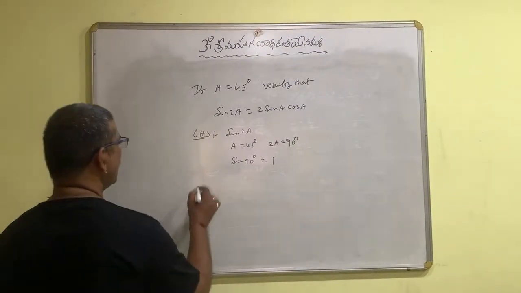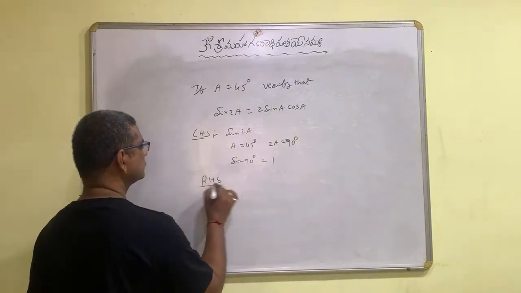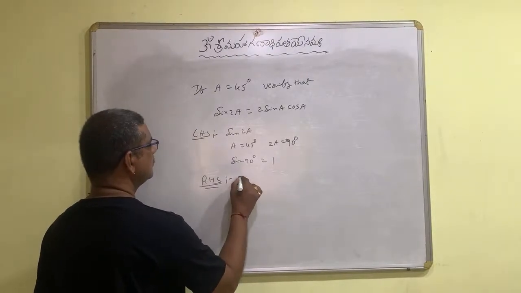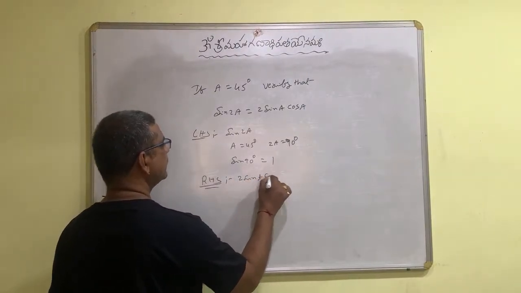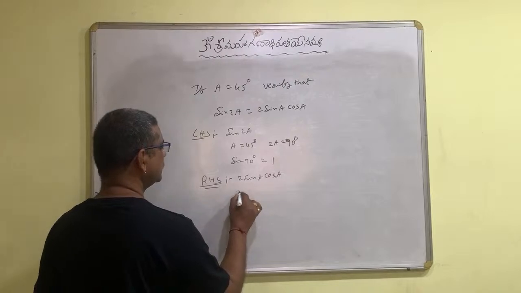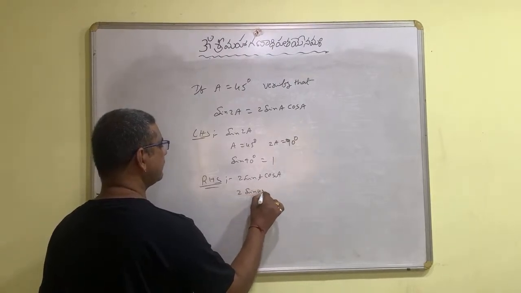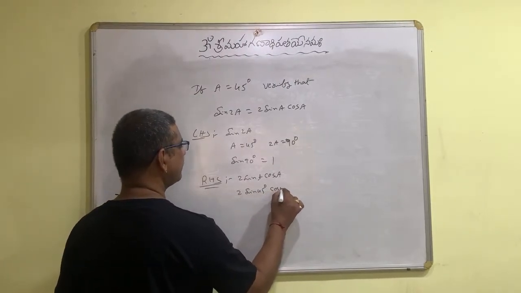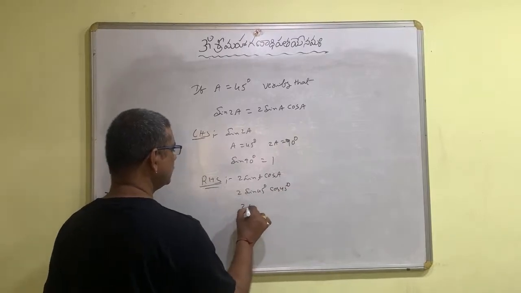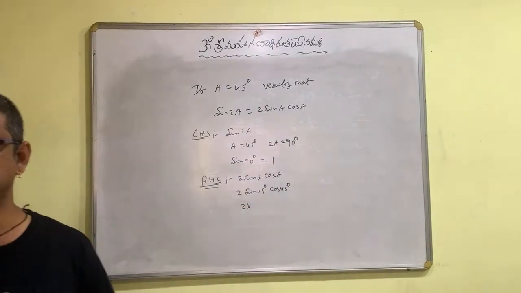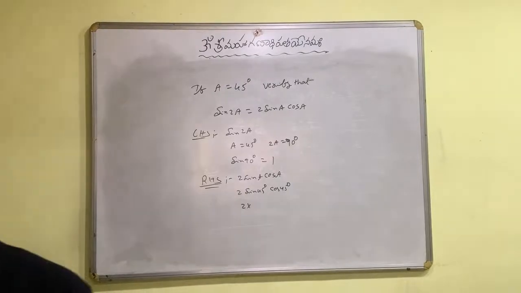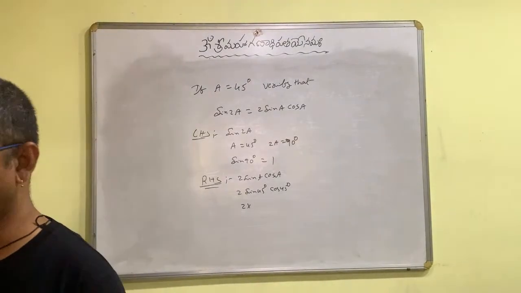Next, RHS. 2 sin A cos A, that is 2 into sin 45 cos 45 degrees. What is sin 45, children?